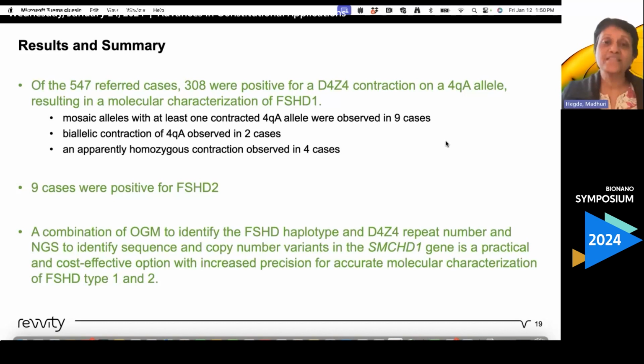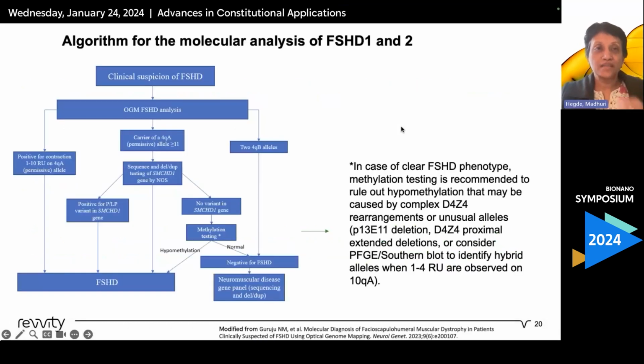Now, there are at least 3 manuscripts which establish the efficacy and the sensitivity of OGM over other methods for FSHD. So we are essentially going through a combination methodology to look at these cases.